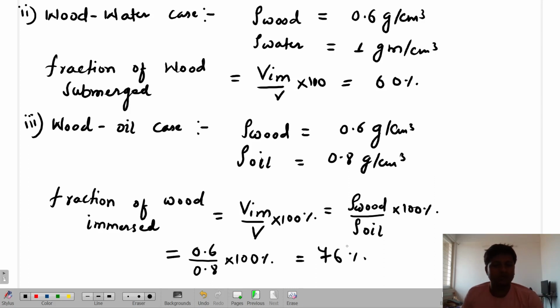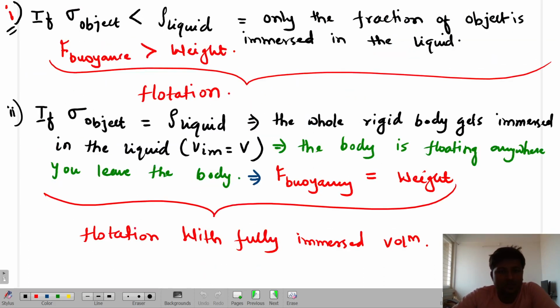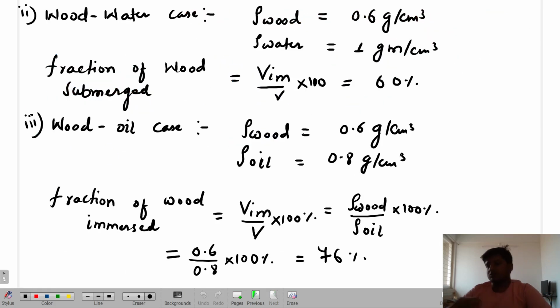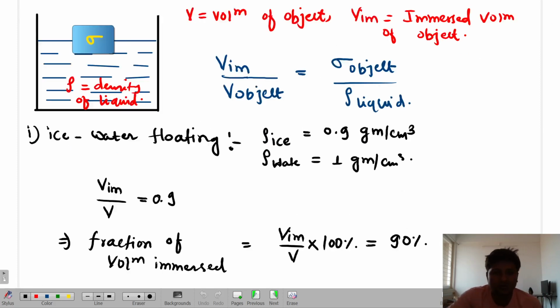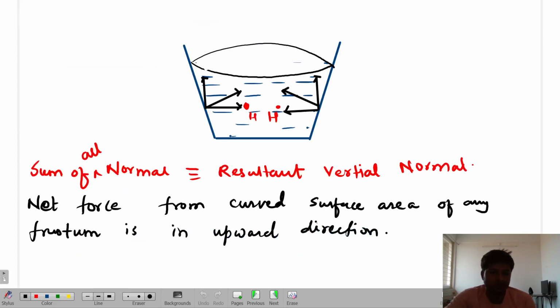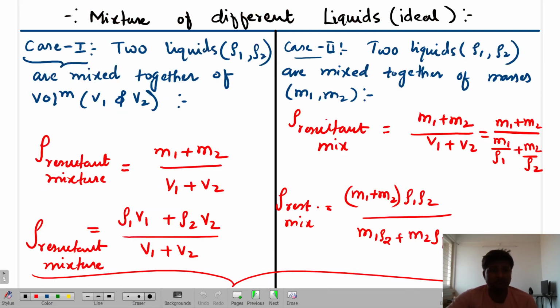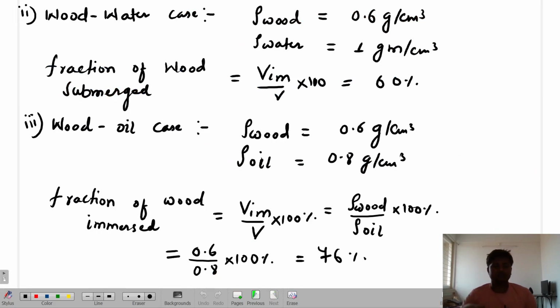So if someone asks you in which case the wood is immersed more, you will find that in oil it is immersed more than in case of water. Are you able to get me or not? So these are some of the best conclusions which we can draw. Done. So this much is the main concept regarding Archimedes principle, of which we should have a basic understanding.